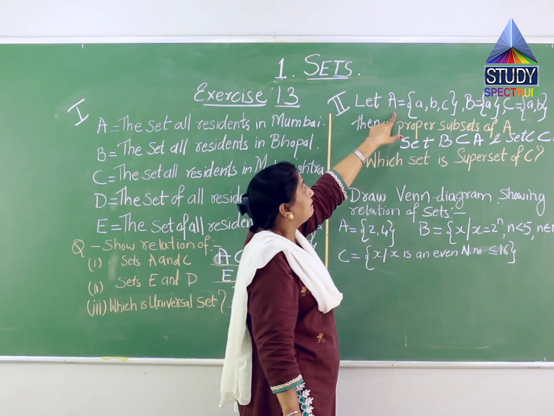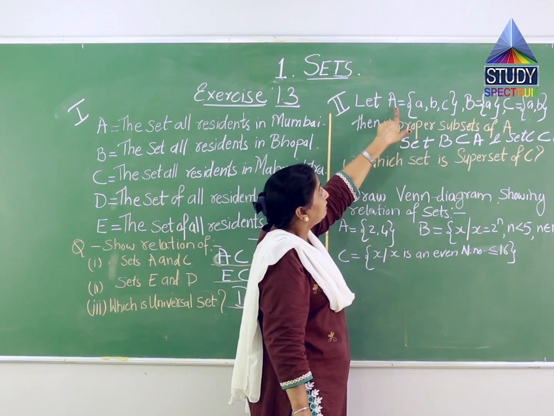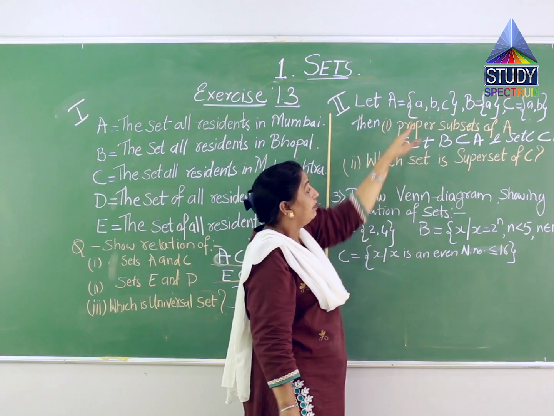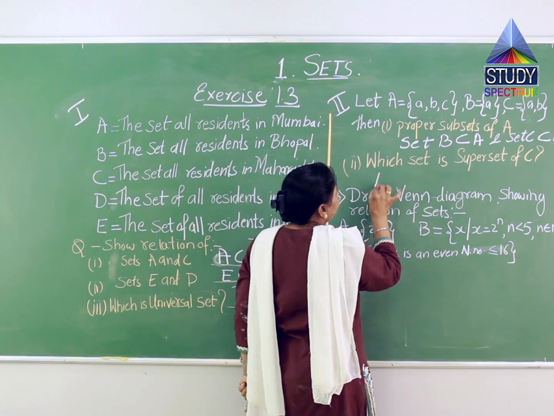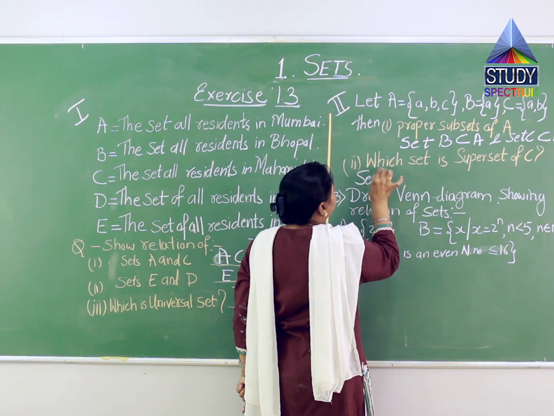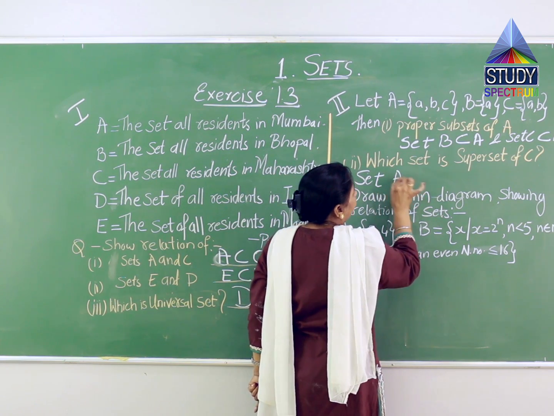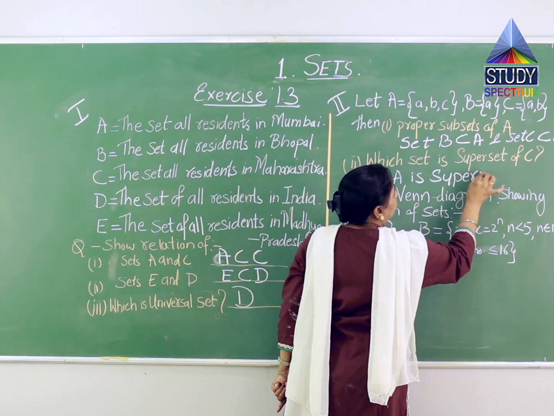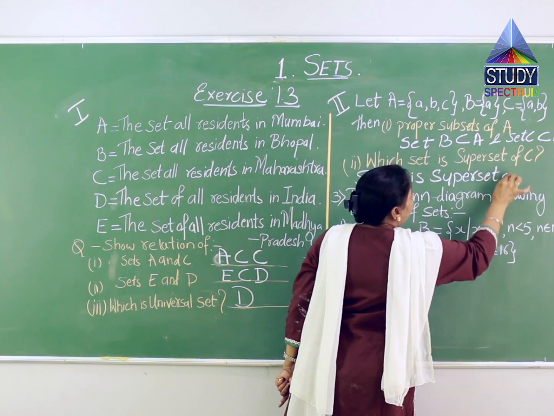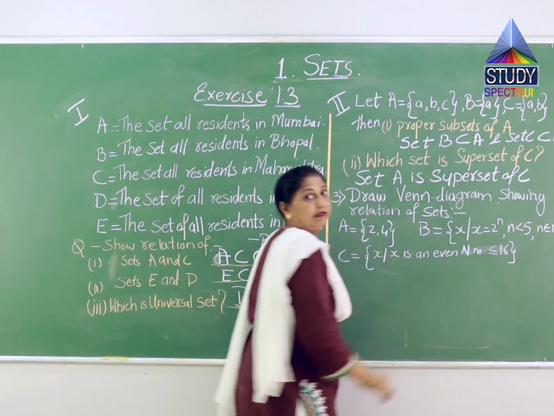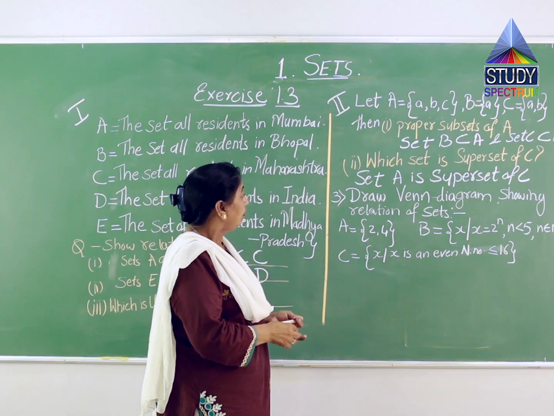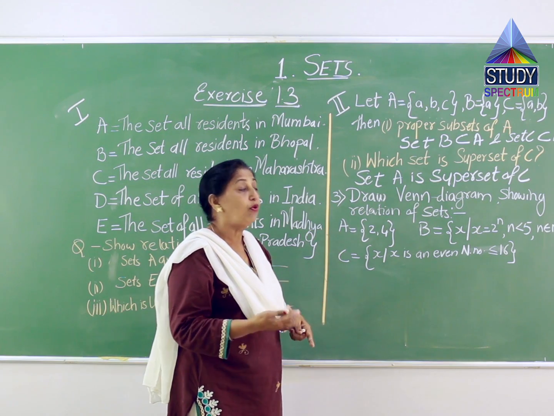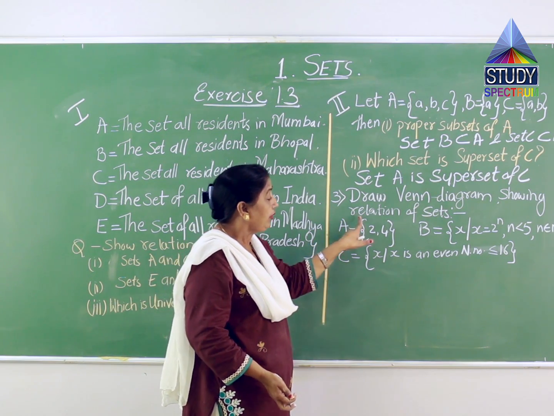So now we'll consider set A. Here in set A, we have a, b, c. So a, b are present in this. So set A is a superset of C. Right?